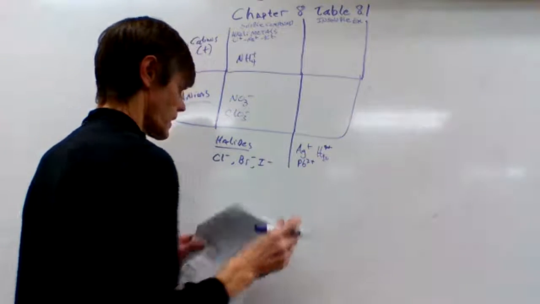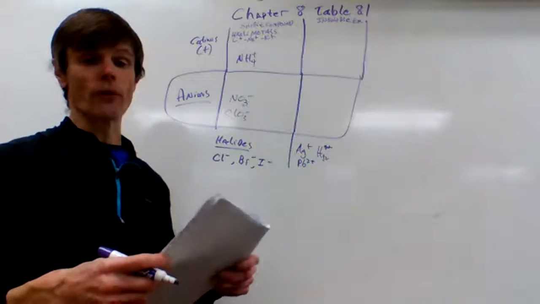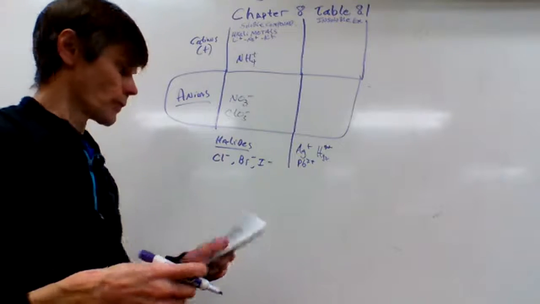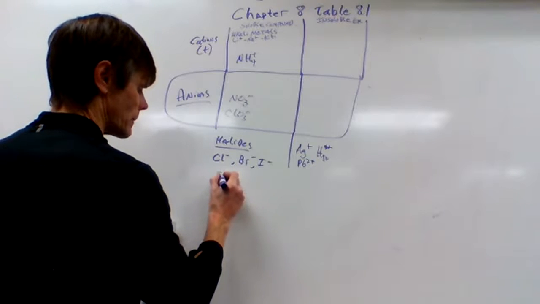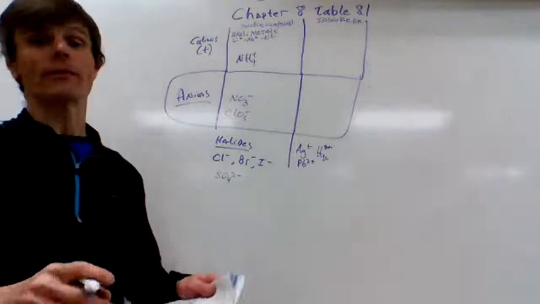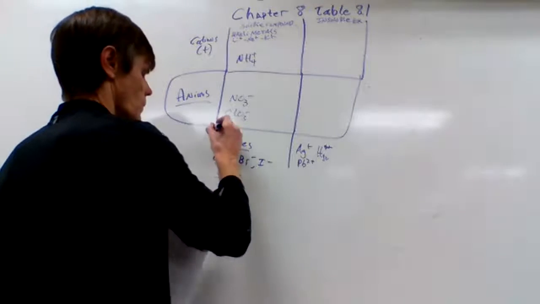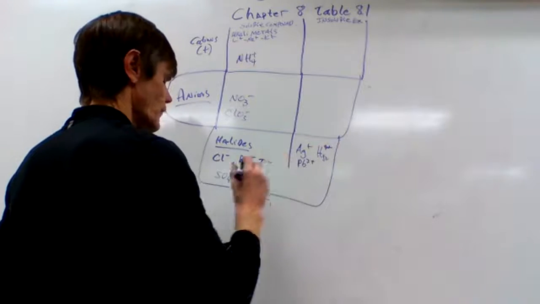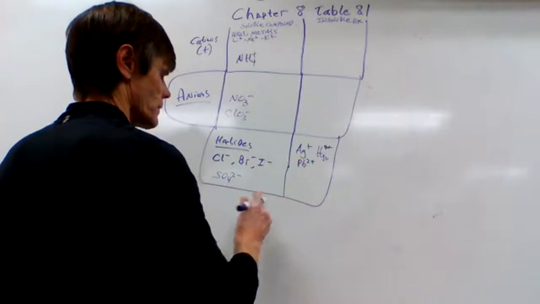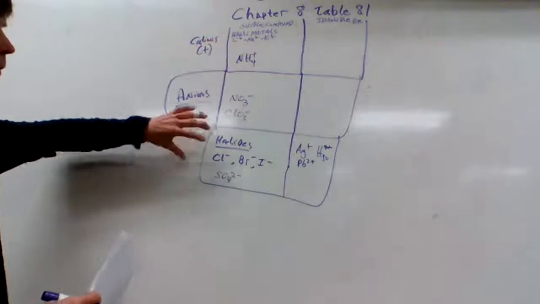So these ones get kind of tricky. And we also have our sulfates. Sulfates are normally soluble, and they also have a few exceptions that are on our list. So these are the compounds that are normally going to be soluble. These ones are always soluble.